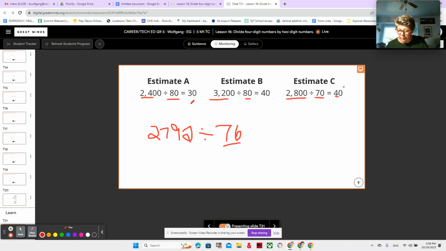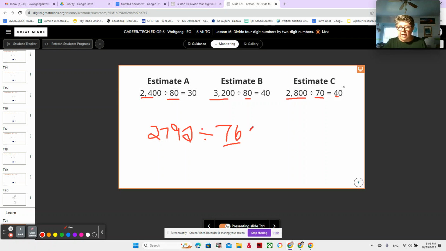Which one do you think would be the best? And this is your opinion, right? We don't know right now. Maybe this one because 76 is close to 80. Or maybe this one because 2,800 is close to 2,792, right?